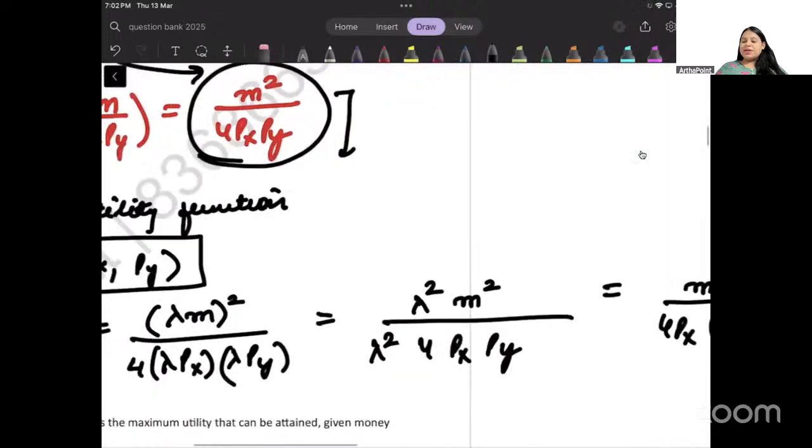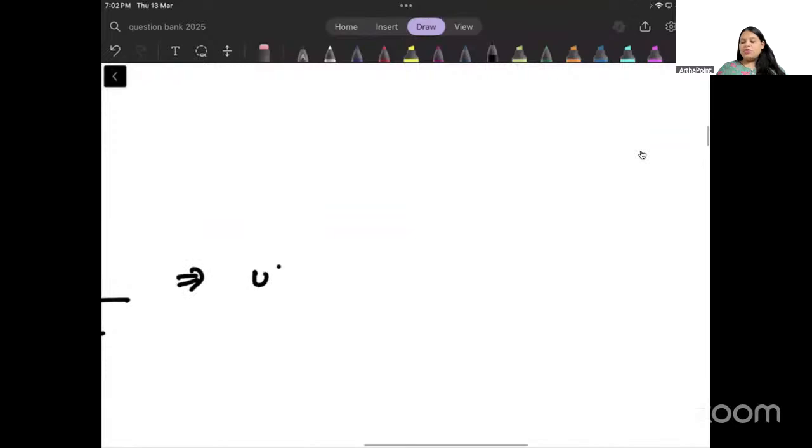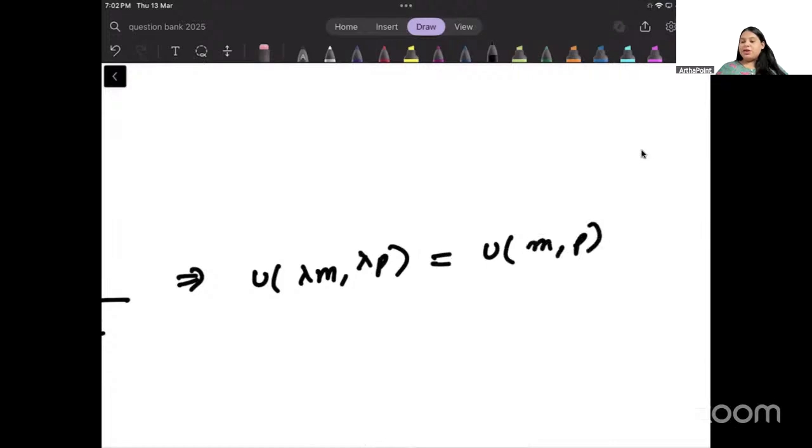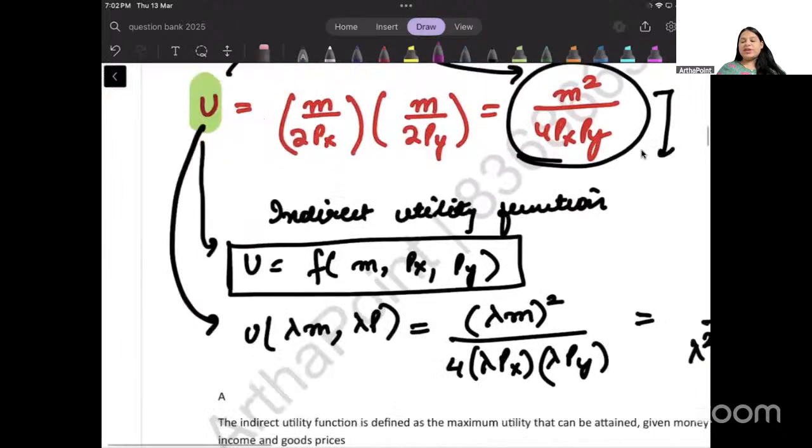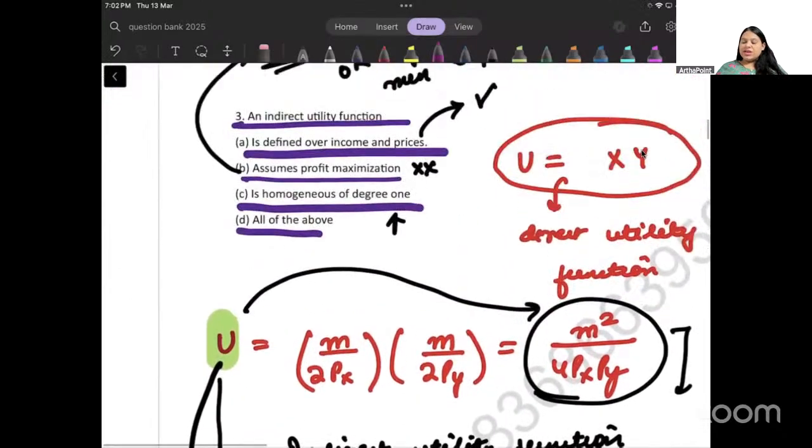तो इसका मतलब तो ये हो गया ना that u of lambda m, lambda p is equal to u of m, p into lambda to the power 0. तो बेटा absolutely correct. It is homogeneous of degree 0. तो ये गलत हो गया.